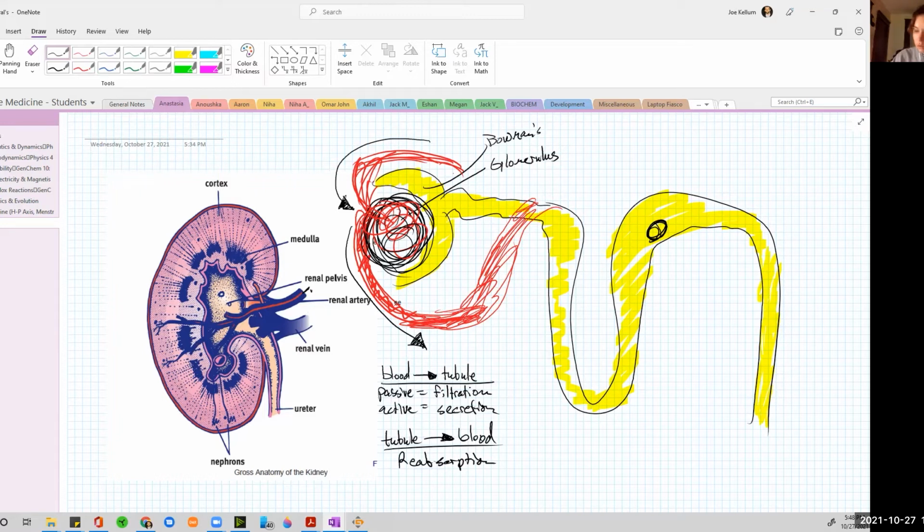And so what happens here is you've got, I can't remember, afferent or efferent. I never remember this. It's so annoying. One of them is coming in and brings blood into the Bowman's capsule. So you've got afferent versus efferent arteriole. I swear I've done this 100,000 times. Efferent is out. Afferent is in.